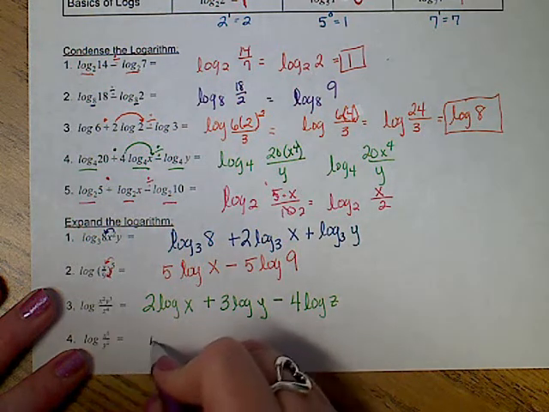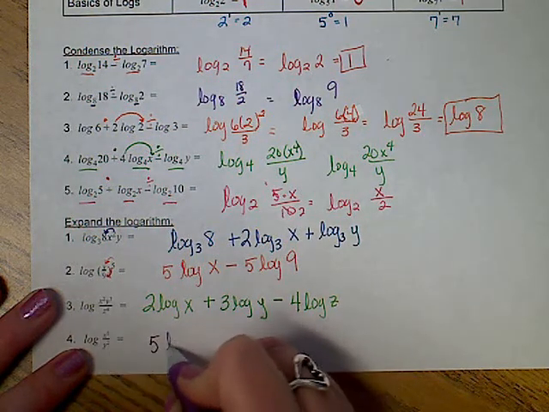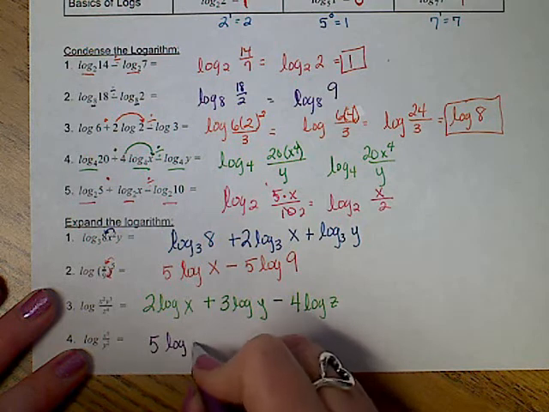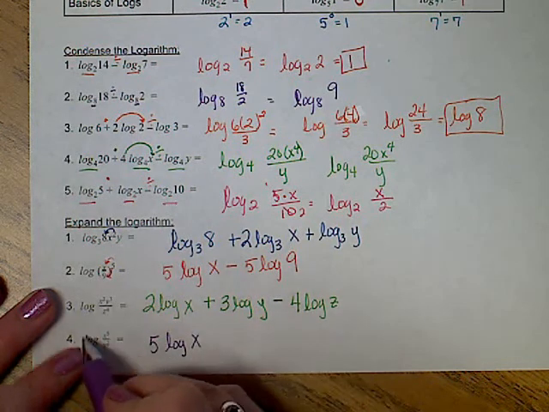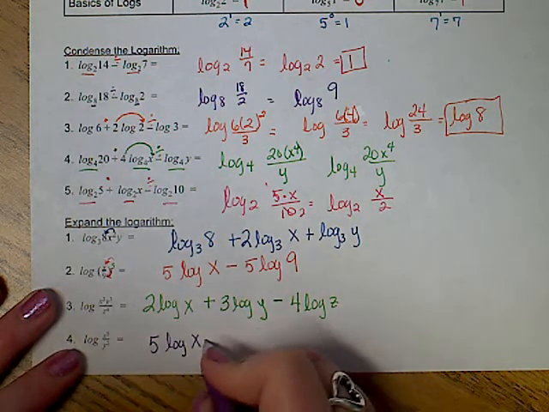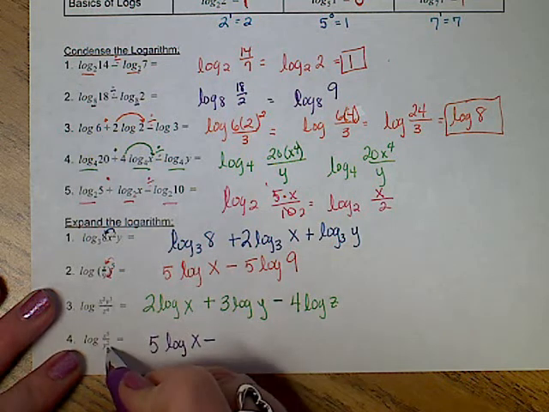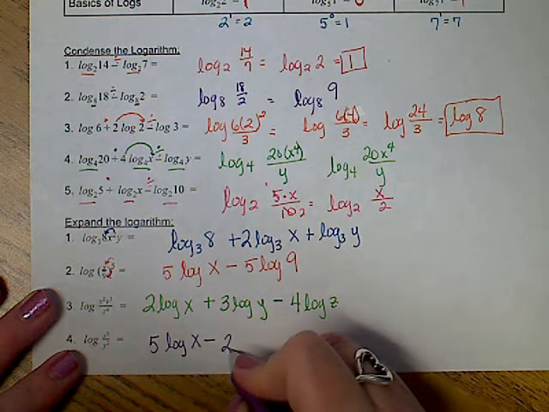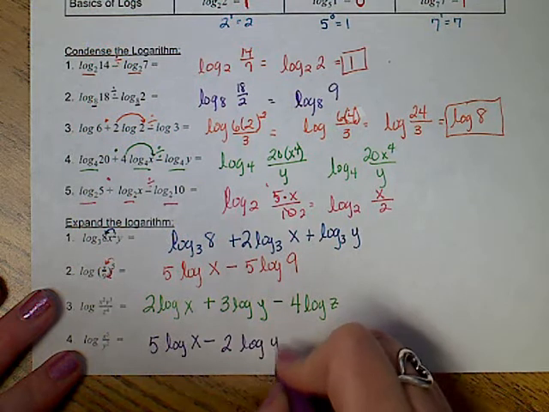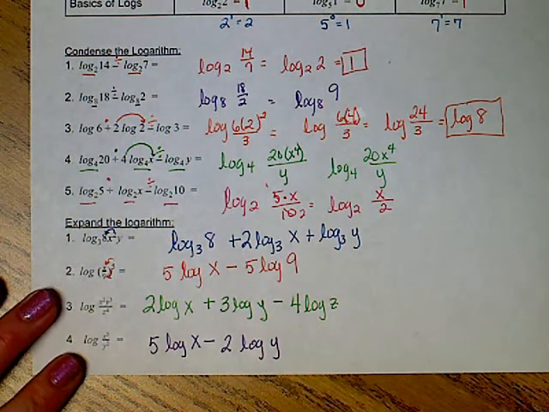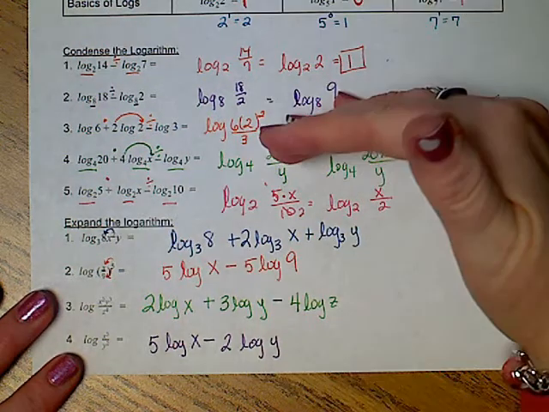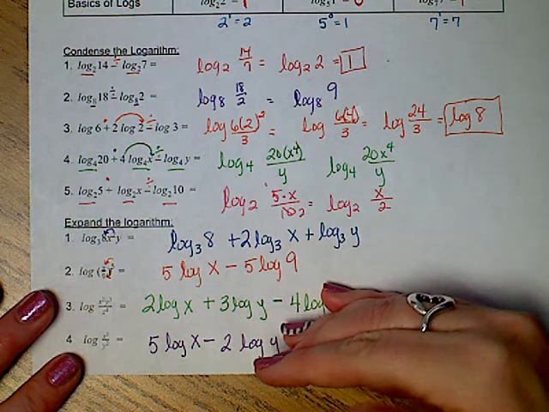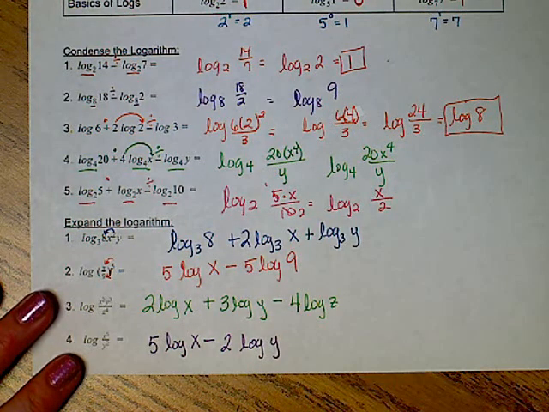So we're going 5 out front, log of x. Okay, 5 comes out front, log x, subtract. 2 exponent will come out front, log of y. You're going to be practicing just condensing and expanding in your assignment for this topic.